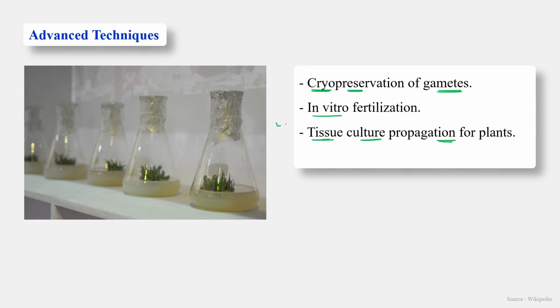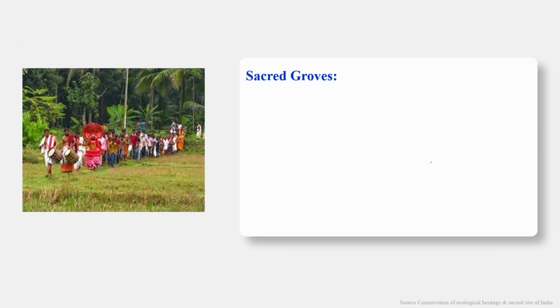This is the picture of tissue culture. With the help of these techniques we can conserve different gametes, sperm and ova, and seeds in seed banks, as mentioned here, for the genetic strains of different plants.